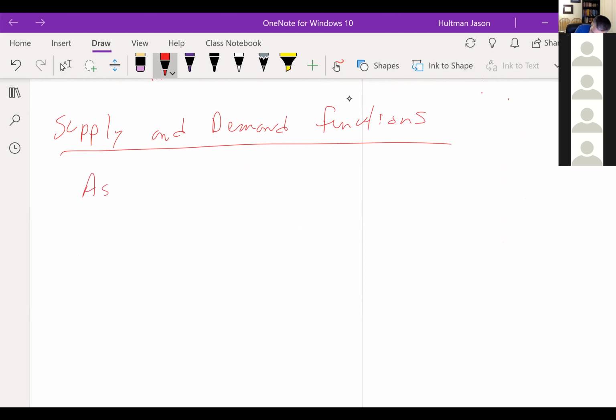Okay, as price increases, what happens to demand? Decreases. As price increases, demand decreases. Okay, that's inverse variation.